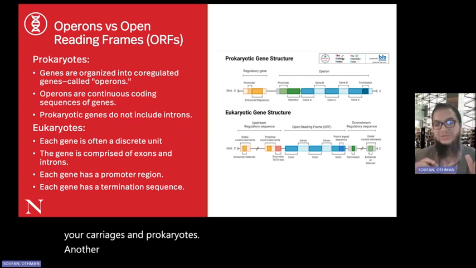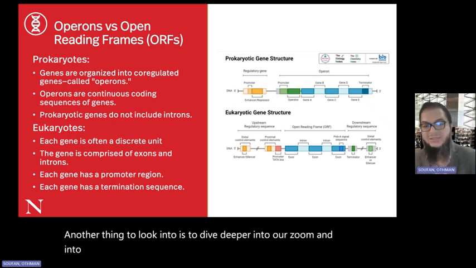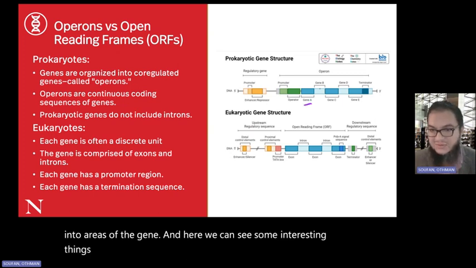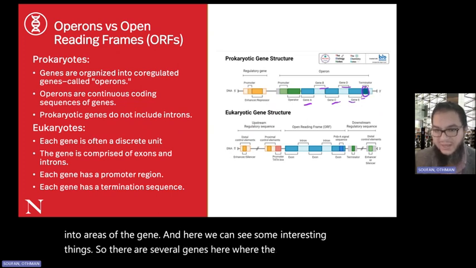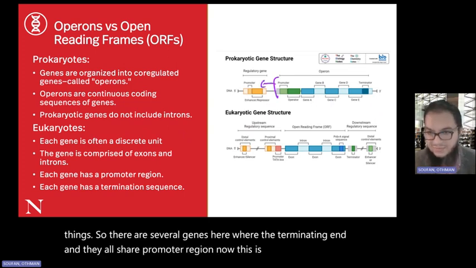Another thing to look into is to dive deeper, or zoom in, into areas of the gene, and here we can see some interesting things. There are several genes here with a terminating end, and they all share a promoter region. Now, this is unique to prokaryotes.